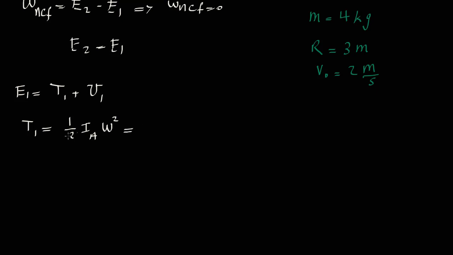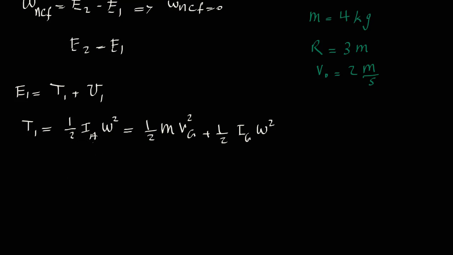Or I can say that this is also equal to 1 over 2 m v_G squared, the velocity of the center of mass squared, plus 1 over 2 I_G omega squared. But you can see that the first is easier to calculate, so we go with point A.